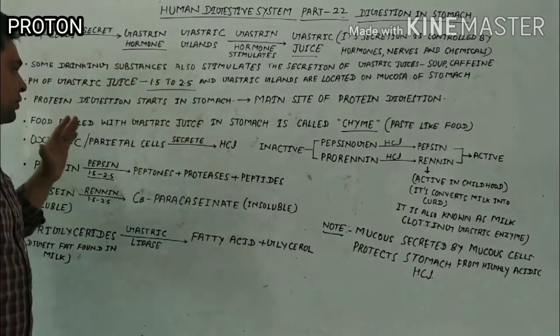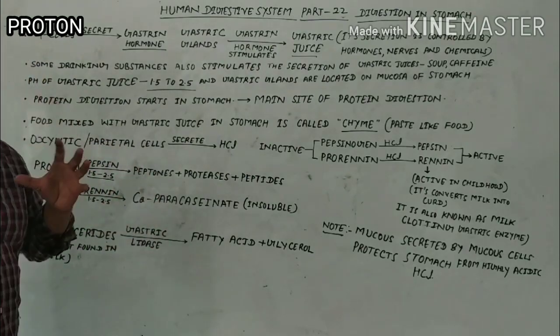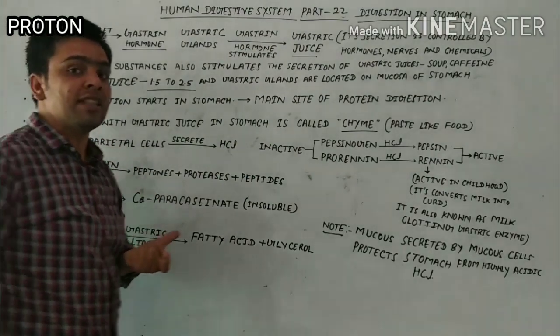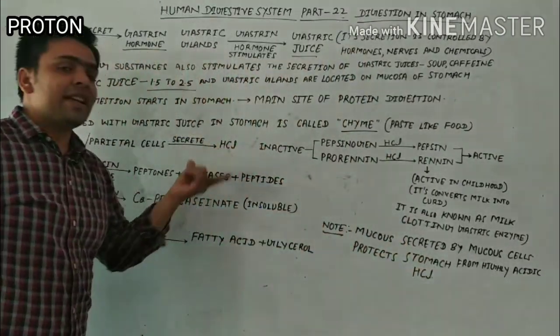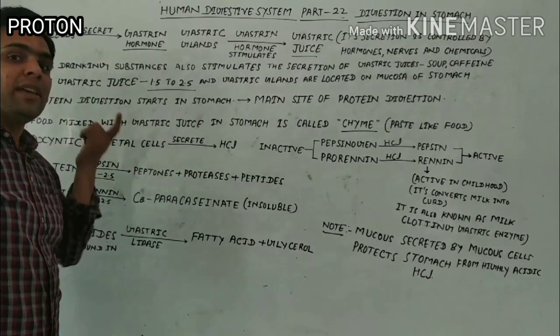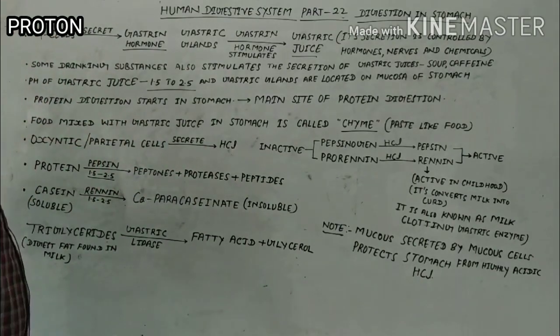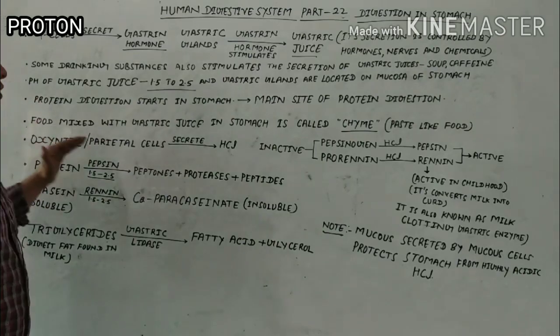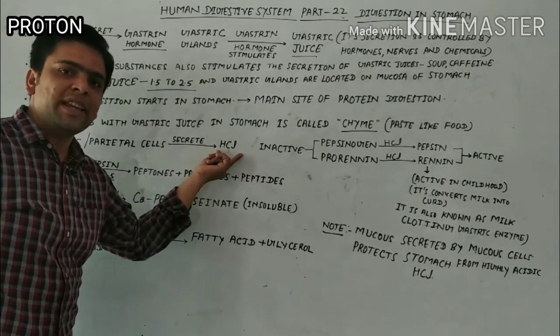Students, it is very important from the exam point of view, because sometimes it is asked in your board examinations as well as competition examinations, that HCl is secreted by which types of cells. You should answer, students, that oxyntic cells or parietal cells produce and secrete hydrochloric acid.